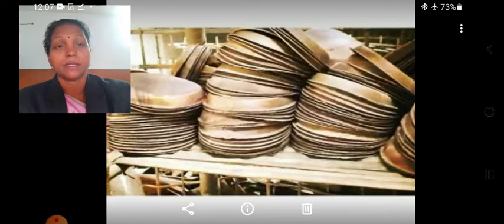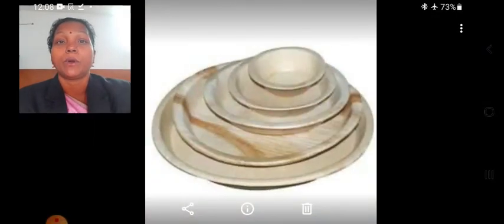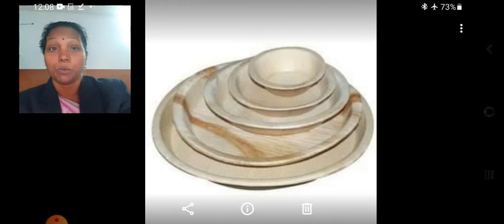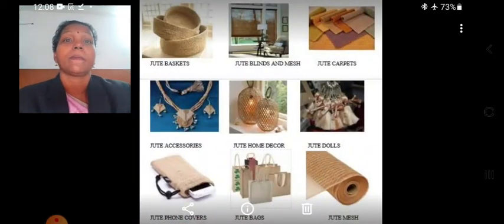These plates can be used instead of plastic or other artificial plates that we use in different celebrations in our houses. This type of plate is eco-friendly and will never create a problem to the environment. It is very clean, also disinfected, and can be shaped into different sizes and shapes. Spoons can also be made from this.